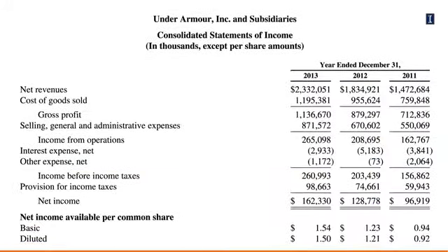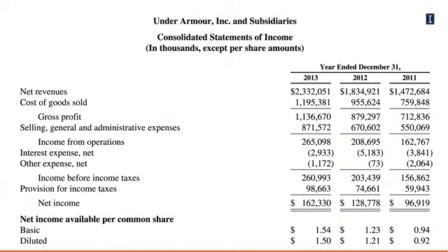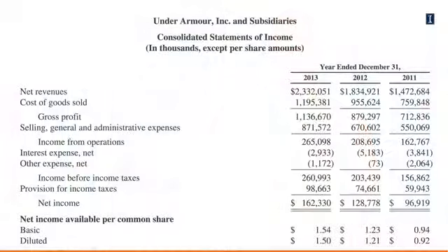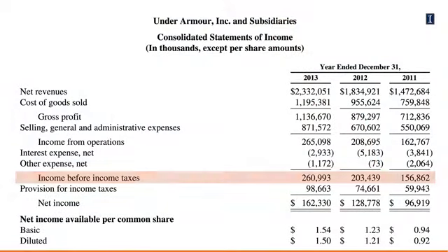Then you run into an item that is selling, general and administrative expenses. Under Armour uses this line item to aggregate several types of expenses that are subtracted from gross profit to yield net income before income taxes. We then subtract the line item for income taxes to arrive at net income.